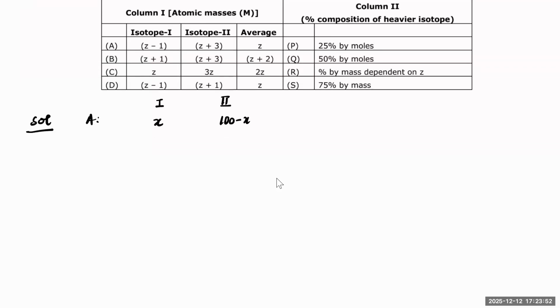In that sense, can I write that Z should be equal to X into Z minus 1 plus 100 minus X into Z plus 3, and that total divided by 100. Make sense?